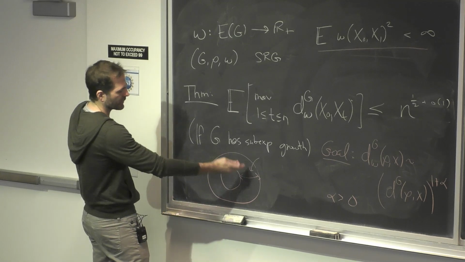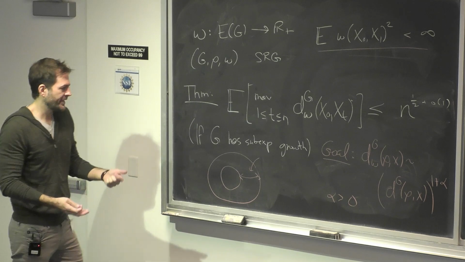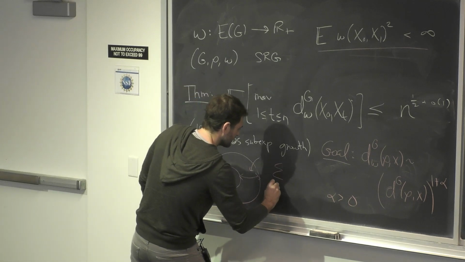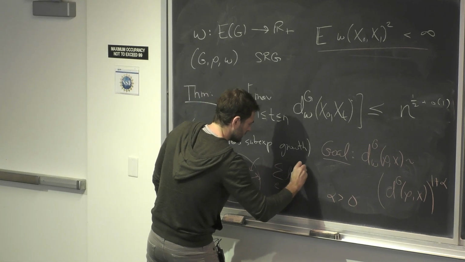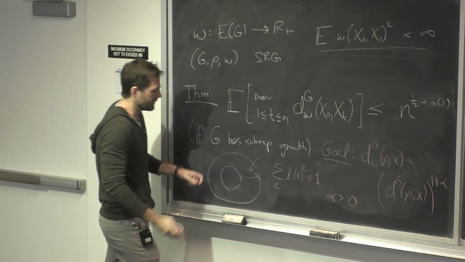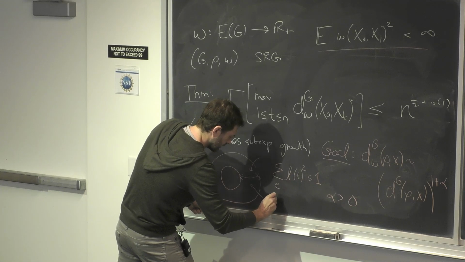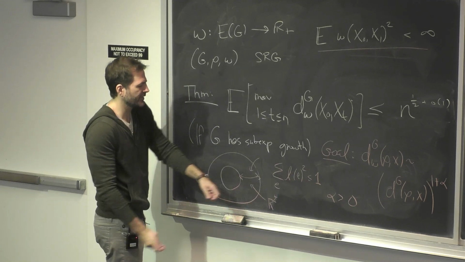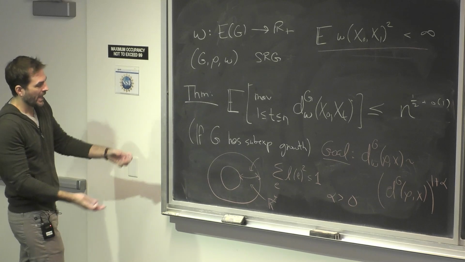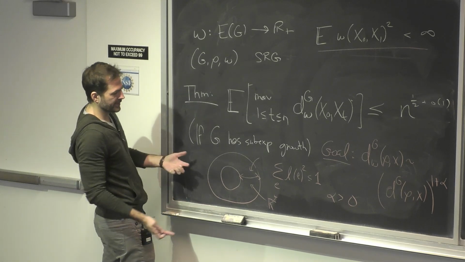So I look over all length functionals on the edges in the annulus that have energy at most 1, and I try to maximize the width. And if I do that, then the width actually is the effective resistance, which in our setting is r to this power of zeta.